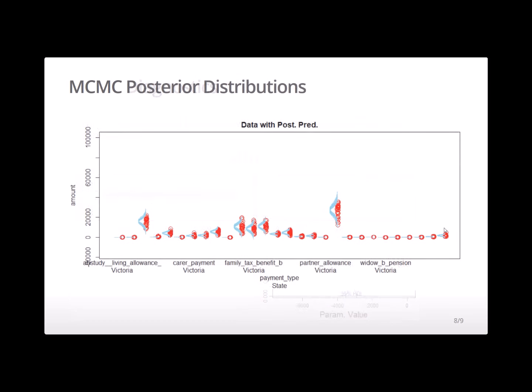The posterior distributions after the chains were run all kind of look like this. This shows the posterior distributions of each payment type within the state of Victoria. These are our X1 contrasts, family tax benefit A, family tax benefit B, and healthcare card, and they sit in a similar sort of area as the likelihood.